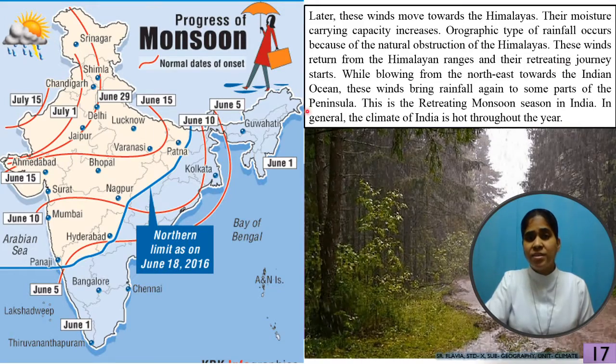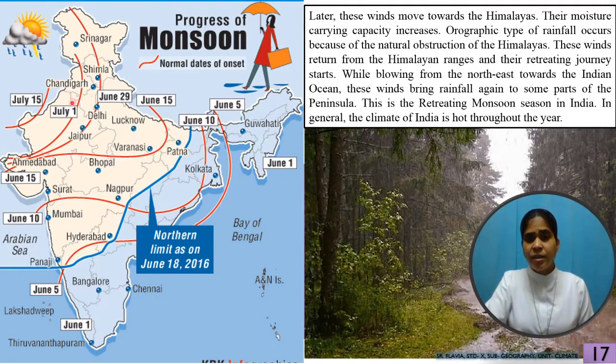These winds return from the Himalayan ranges and their retreating journey starts. While blowing from the northeast towards the Indian Ocean, these winds bring rainfall again to some parts of the peninsula. This is the retreating monsoon season in India.